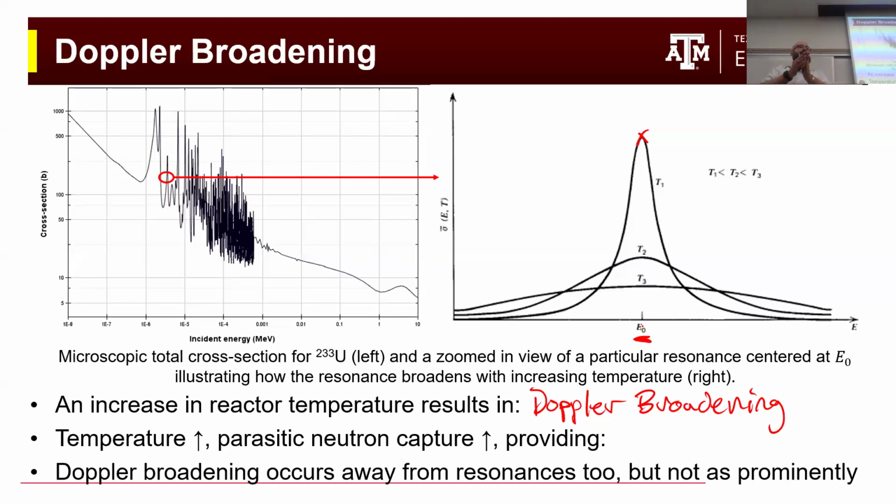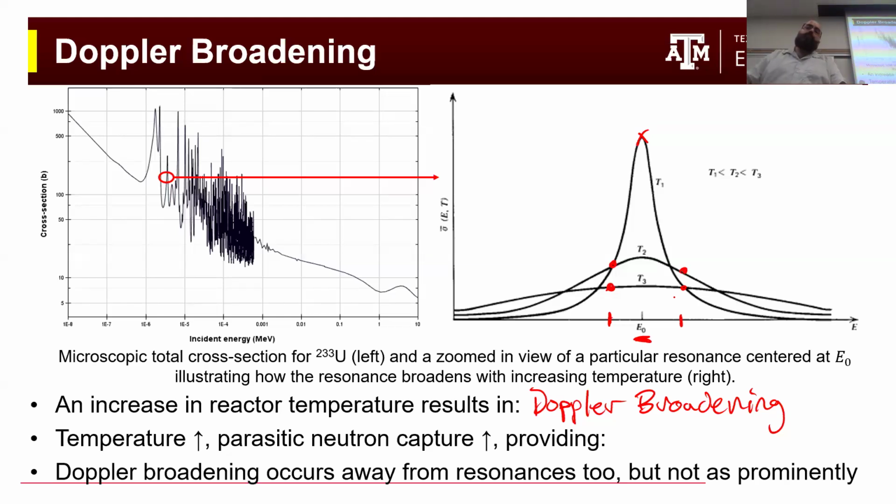And as that material temperature heats up, your probability of interaction away from E0 becomes larger. If we compare an energy range away from E0, then at these T's at these points, you get a broader probability for different neutrons to have this interaction.